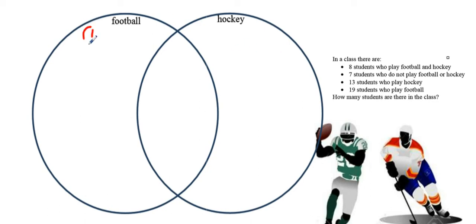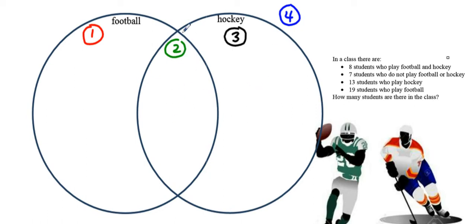So there's 4 sections involved when dealing with one Venn diagram with two circles. There's section 1, section 2, section 3, and the outside, which is section 4. So what most people do is they start with the number on the inside and then they work their way out.